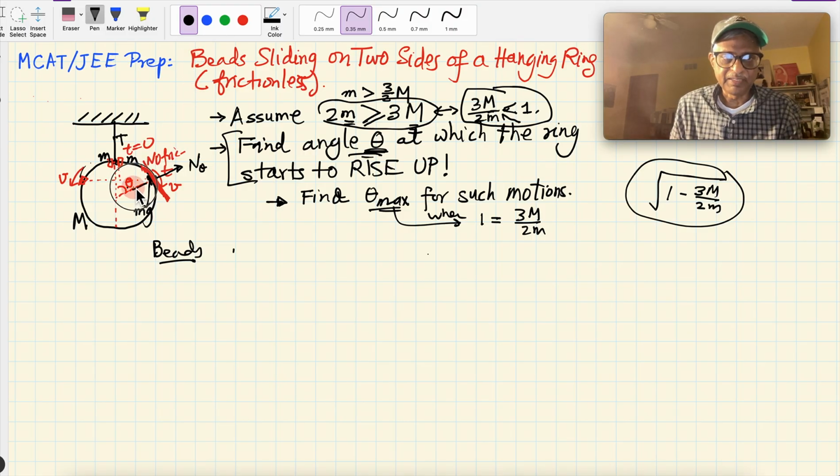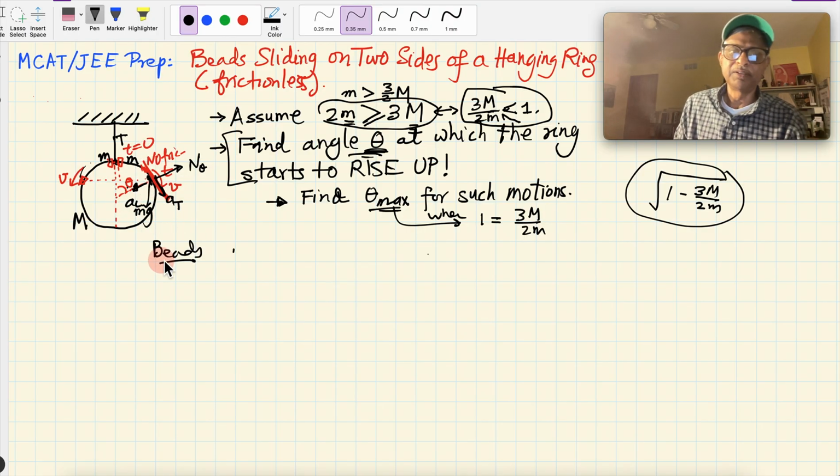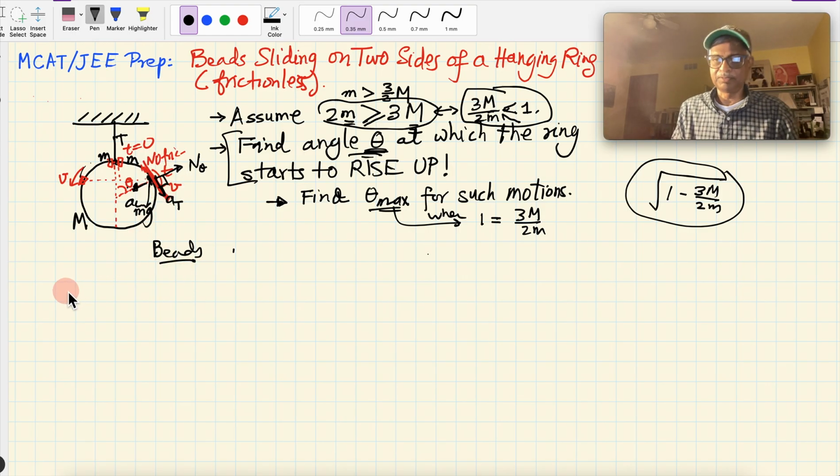So there is acceleration this way, and there is acceleration this way. So there are two accelerations here, and this is 90 degrees. Gravity has a component that causes tangential acceleration, and this guy and this guy both have this component.